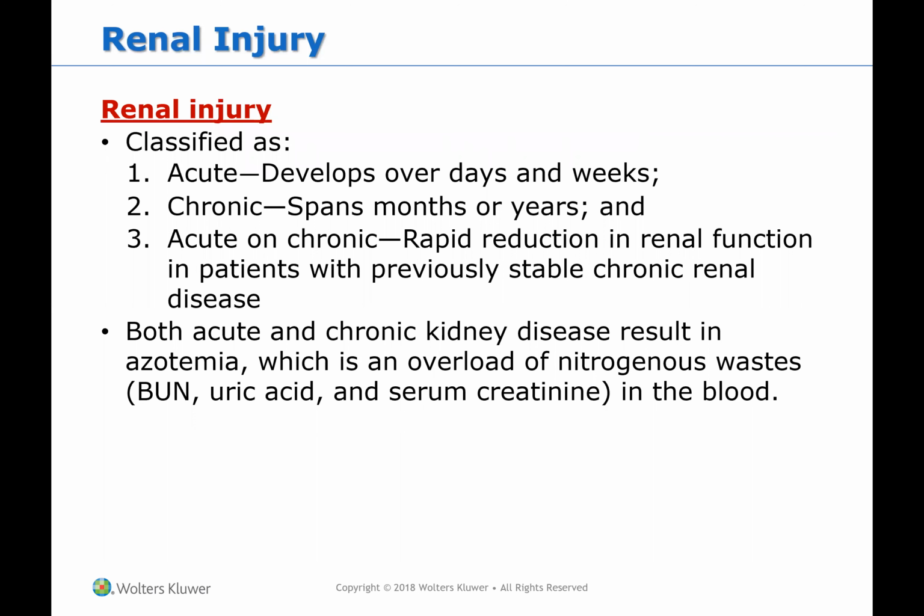Renal injury is classified as acute, which develops over days and weeks, or chronic, which spans months and years. Acute on chronic is a rapid reduction in renal function in patients with previously stable chronic renal disease. So you've heard of people that have acute renal failure or chronic renal failure.